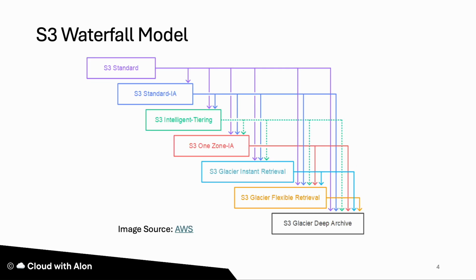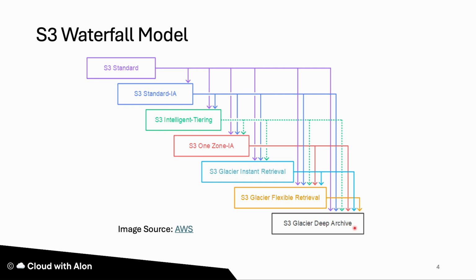Here's the first key concept you must understand before using lifecycle transitions. They work like a waterfall model. Objects can move only in one direction, from expensive storage to cheaper storage. You can see in this example, an object can move from standard to standard IA, or maybe standard IA to Glacier, or maybe from Glacier to Deep Archive.